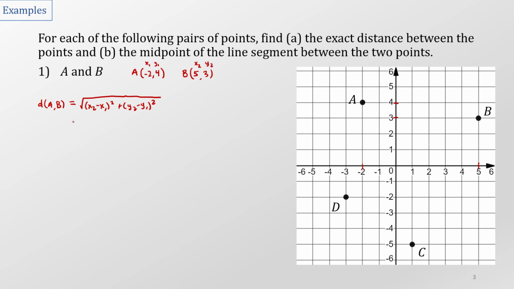So now we have some values corresponding to these variables. For x2 minus x1, we have 5 minus -2 squared. For y2 minus y1, we have 3 minus 4 squared.